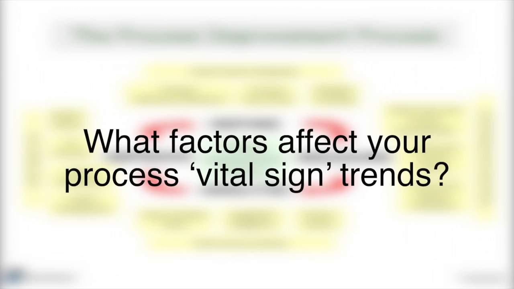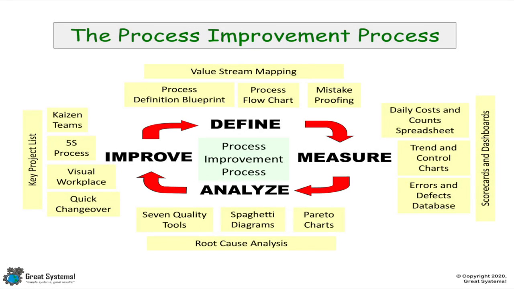Once we have defined the process, we should measure and trend its performance over time for a mix of areas to obtain a fact-based picture of the results that are repeating these steps. What patterns of output are we really getting? What factors are affecting our process vital sign trends? It's tempting to jump from process or problem definition to the analyze step, but to do so without measuring first is wasteful and usually counterproductive.